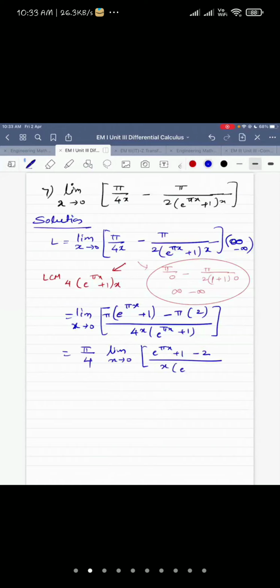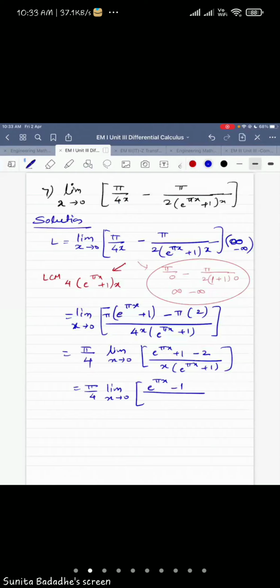So this is nothing but pi by 4 limit x tends to 0, e raised to pi x minus 1 upon e raised to pi x plus 1 into x. I'm getting the term in this form.